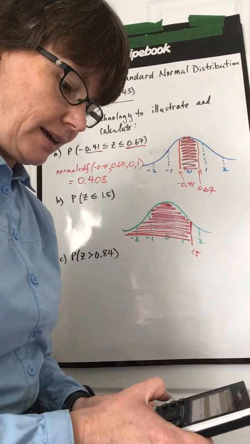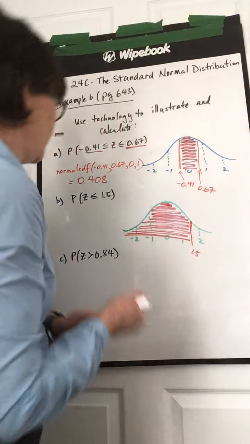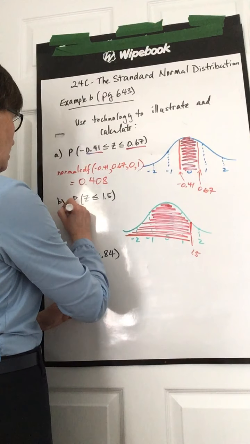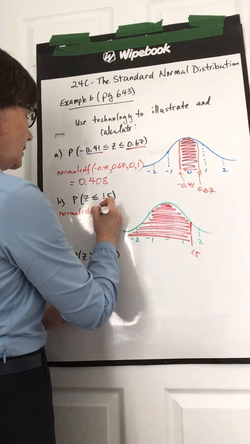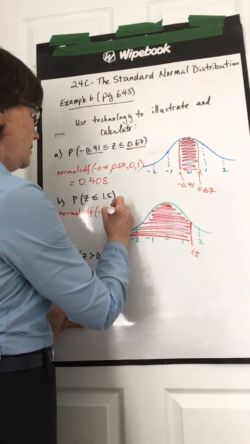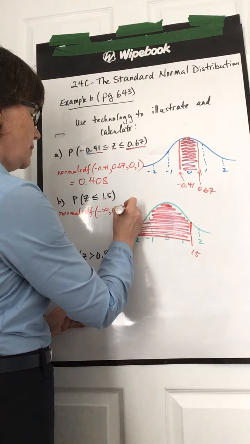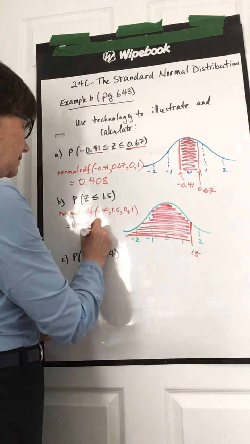And we get 0.933. So again, normal CDF, negative infinity, you can write like this to notate it, is the lower bound, 1.5, upper bound, 0 and 1, and that equals 0.933. Did I round properly?